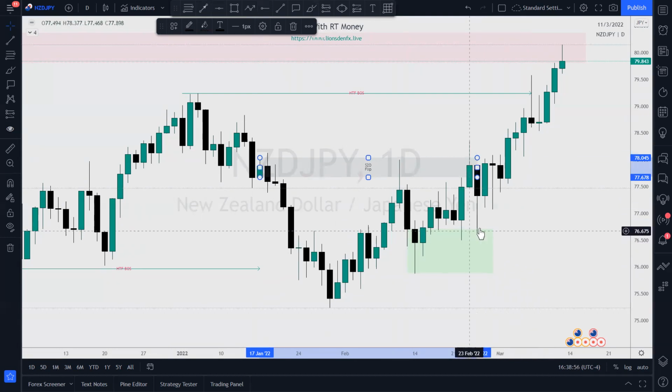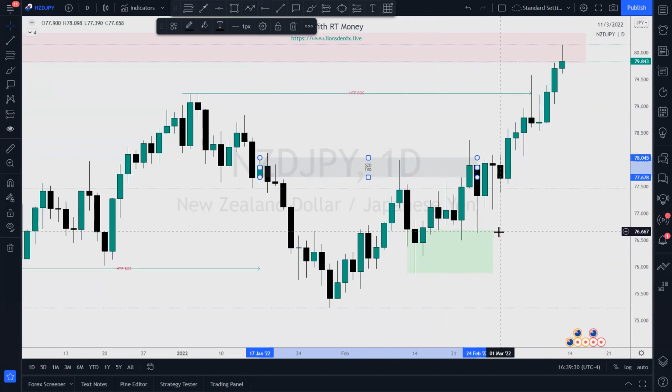This is going to be a high probability long, because the extreme of the reaction and the pullback make for a very powerful demand zone. This low was strong enough to break this supply zone. Once price comes back here, it is a demand zone now, and we can take that long from here, and you can see how price reacted to it.